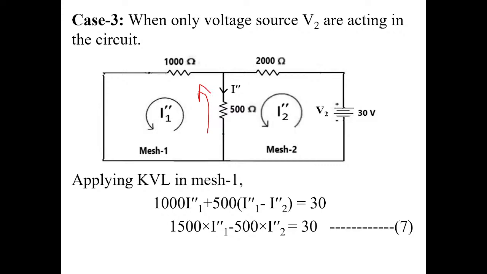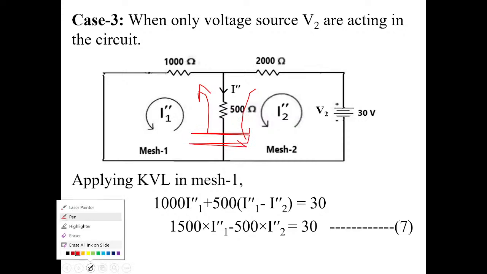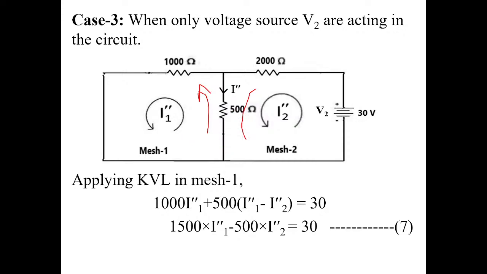I1 double dash current is upward. What about I2 double dash current? Beside this 500 ohms.